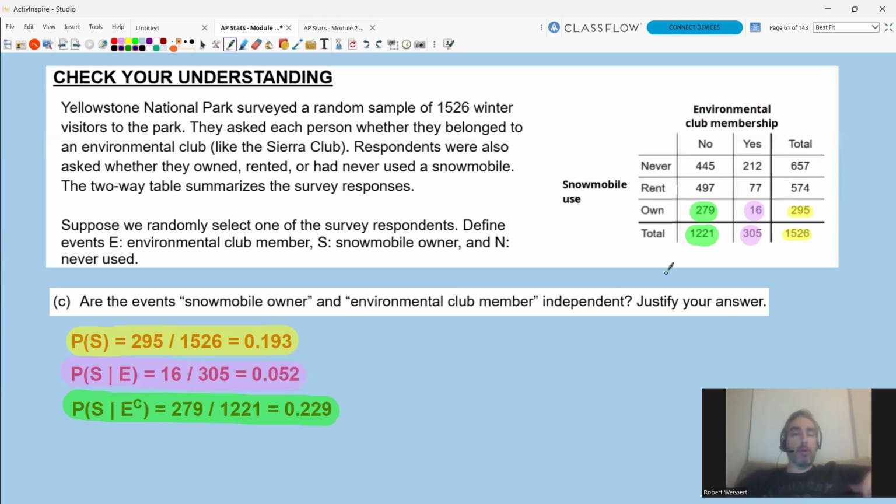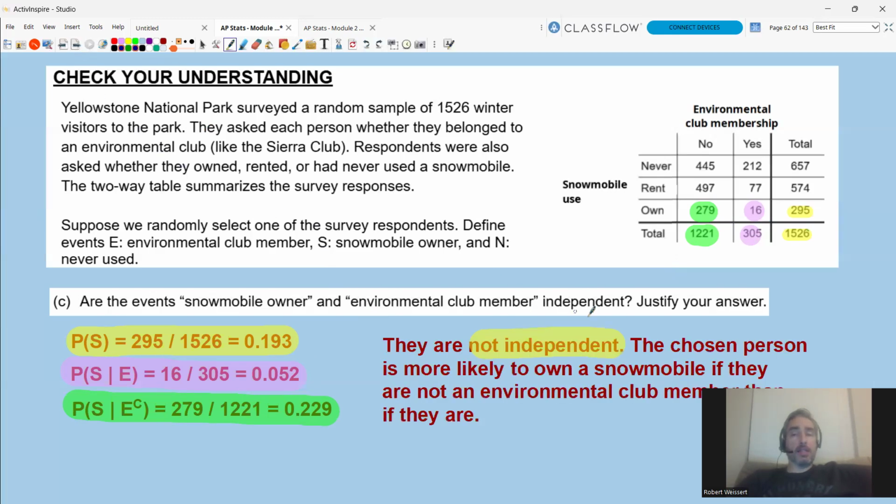But the probabilities change drastically if they're an environmental club member or not. So look at the environmental club members, 16 out of 305, only 5.2% were snowmobile owners, whereas the non-environmental club members, it's a much bigger percentage, 279 out of 1221. So that's about 22.9%. So since those are all different, we would say that they're not independent.